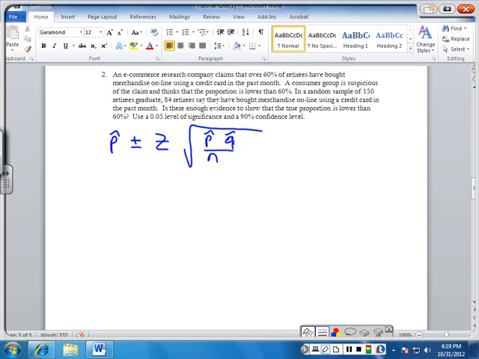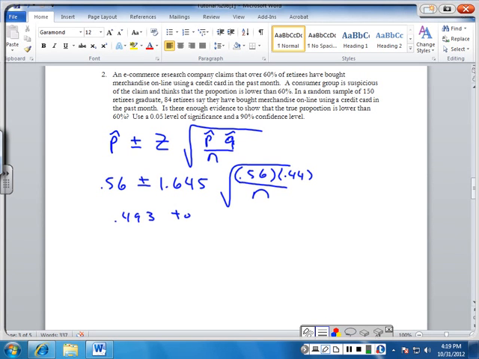So our p hat was 0.56, plus or minus, for a 90% confidence interval, 1.645 times the standard error, the square root of 0.56 times 0.44 over n. That goes from 0.493 to 0.627.